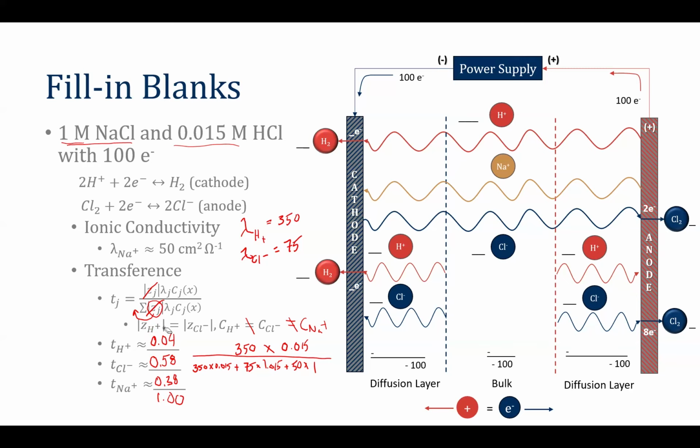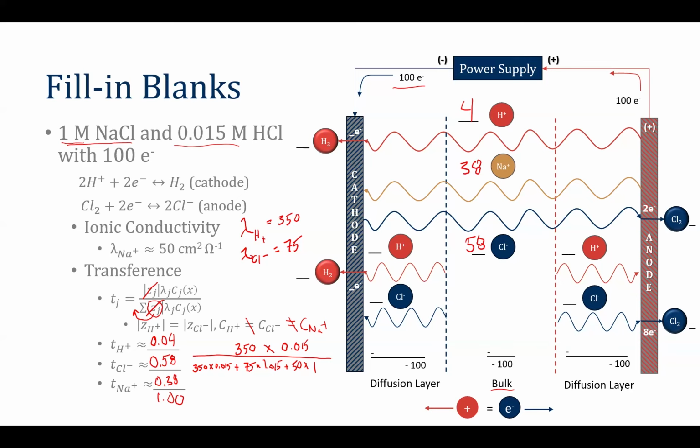So now the next easiest place to start is to look at the bulk. We have 100 electrons flowing per some arbitrary unit of time. I'm going to have 4 hydrogen ions migrating towards the cathode, 38 sodium cations migrating towards the cathode, and 58 chlorine anions migrating towards the anode.